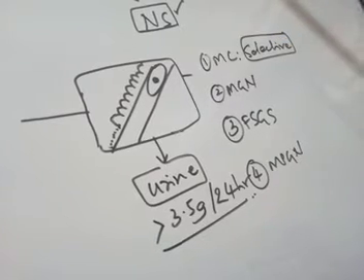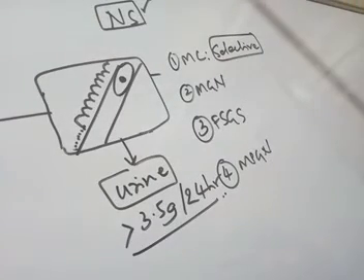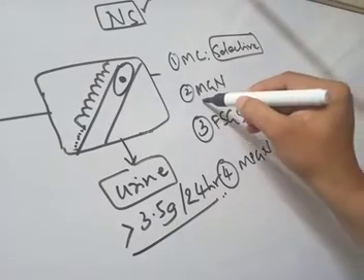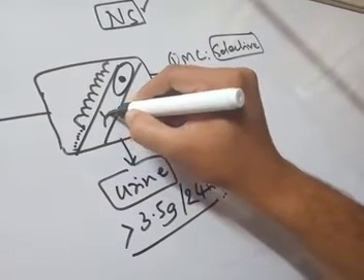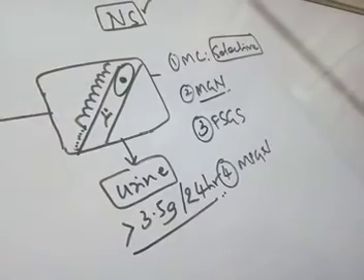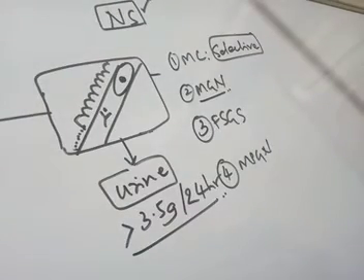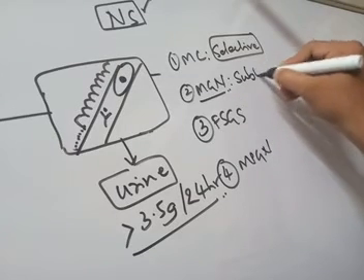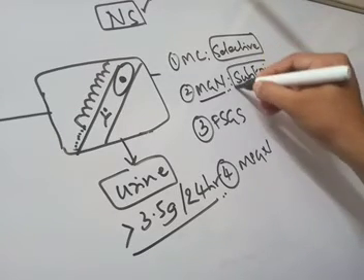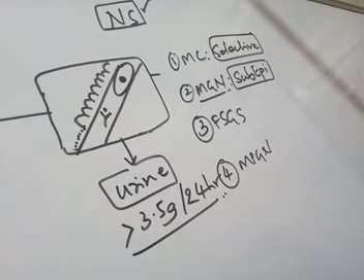Then what happens in membranous glomerulopathy is that because of some systemic disease, there is deposition of antigen antibody complex subepithelially. So subepithelial deposition of antigen antibody complex causes membranous glomerulopathy.